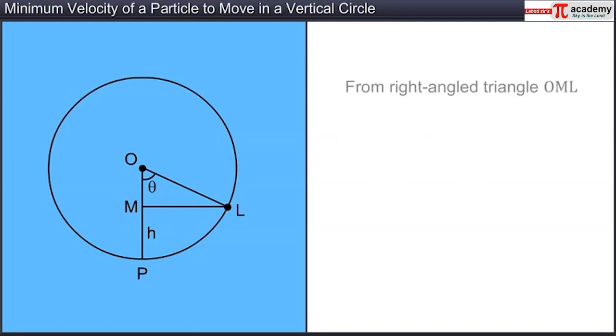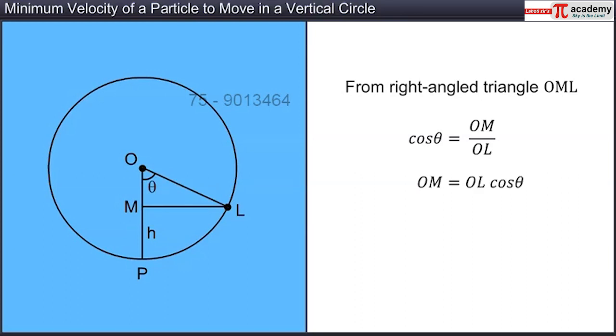Now, look at the right-angled triangle OML. Cos theta is equal to OM upon OL. We can also say that OM is equal to OL cos theta. We know that OL is equal to R, so OM is equal to R cos theta.